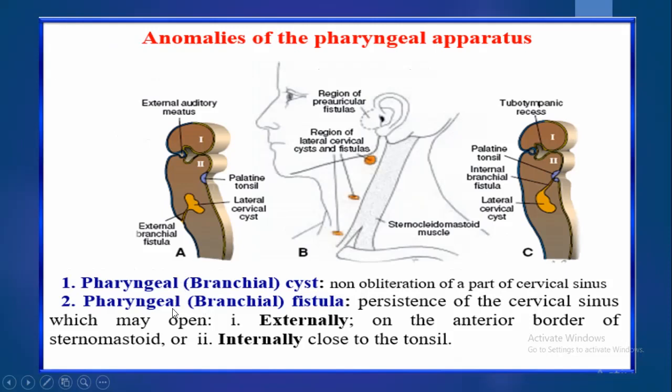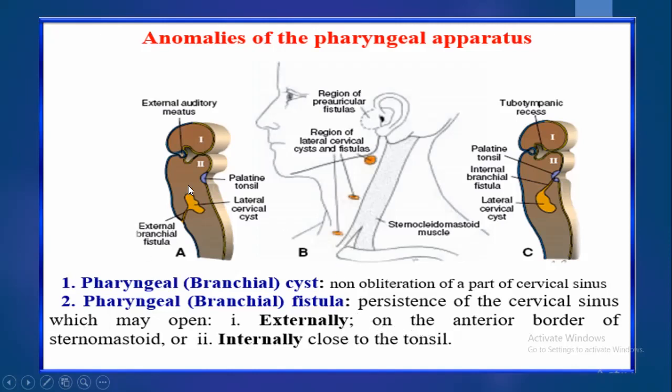And here this is known as a pharyngeal fistula, persistence of the cervical sinus, which might open externally on the anterior border of the sternocleidomastoid, or internally close to the tonsil.